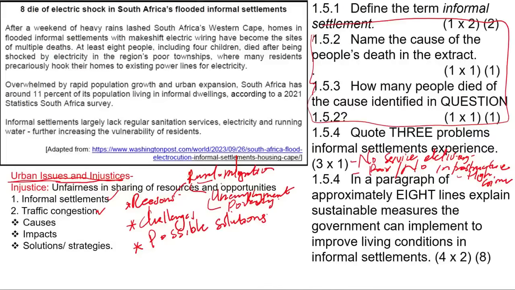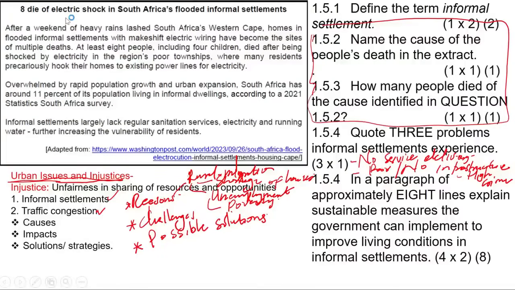Number three, there is also a shortage of houses. There are some informal settlements in South Africa and in Gauteng which are made of high quality buildings, but they are still informal because they were built without the government's permission.